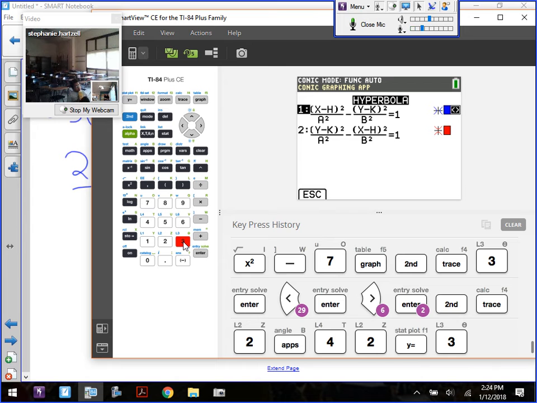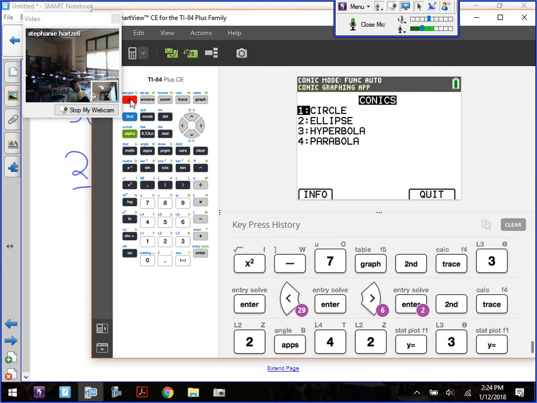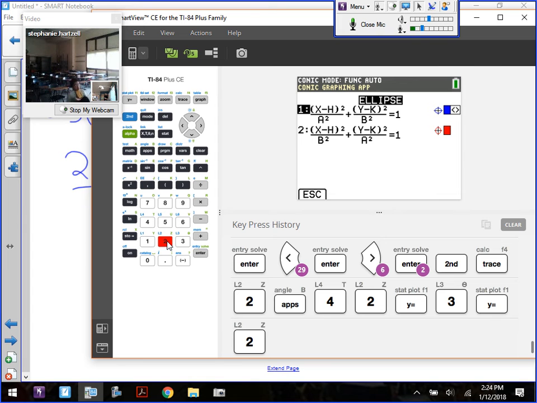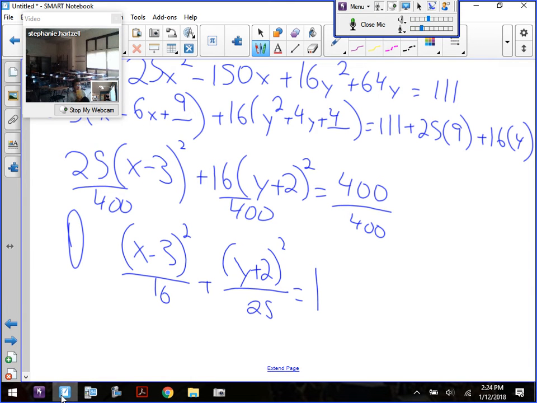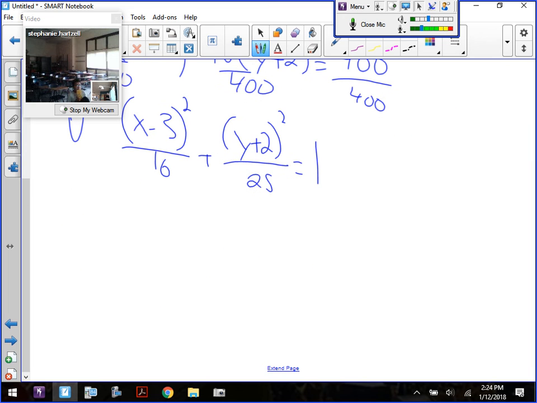Right. So going back, knowing that we have an ellipse, I think, with an ellipse with an a squared value underneath the y, that means it's going to be stretched up and down. Correct. So let's see, we have a center.